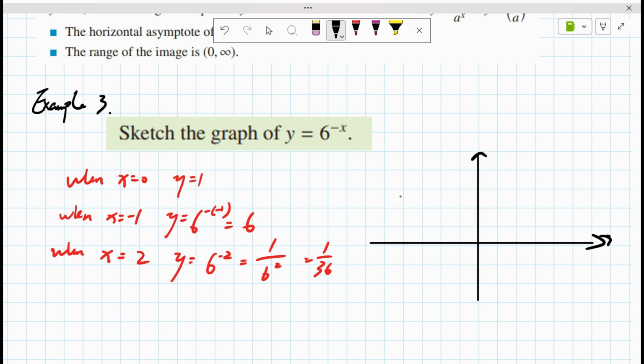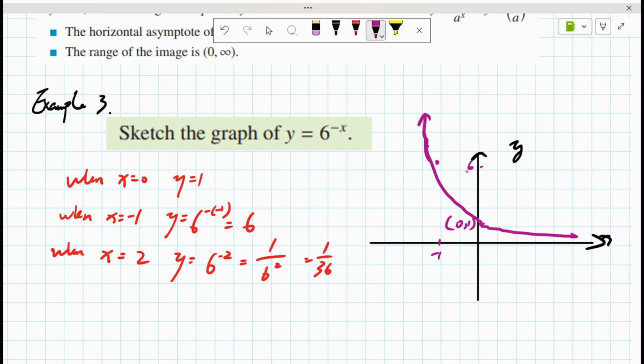So our graph will look like that. Hopefully you can see x and y. And that is 0, 1, and it's going from negative 1 to 6. Negative 1 to 6, and negative 1, 0. And we're going to keep going that way.